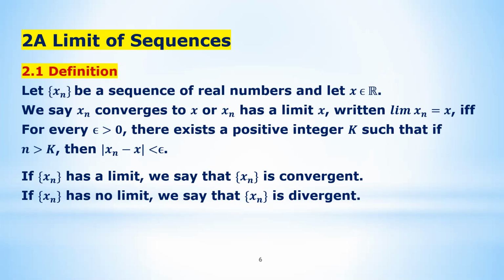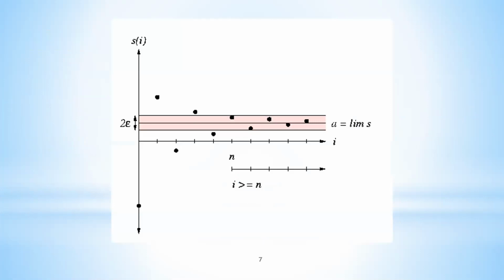At the beginning of this chapter, we first want to understand this definition completely, and also learn how to apply it to verify the limit of a certain sequence. Here is a graph showing what the epsilon-K argument means.